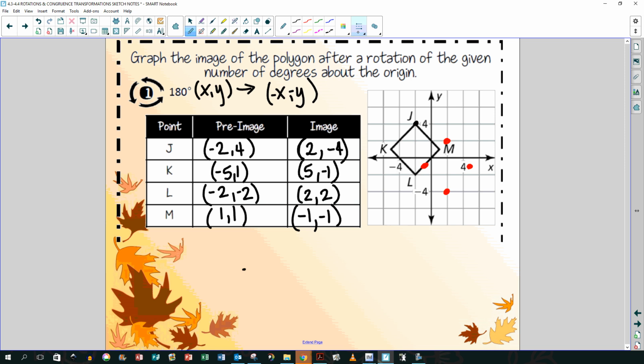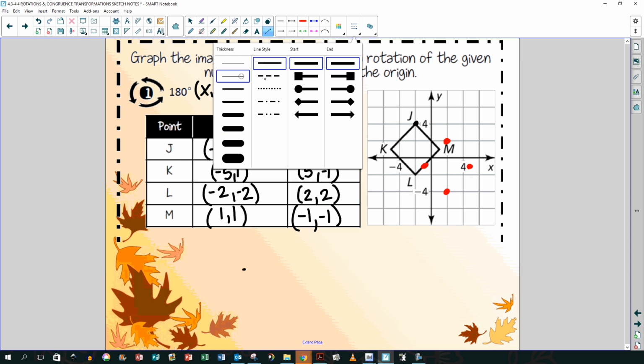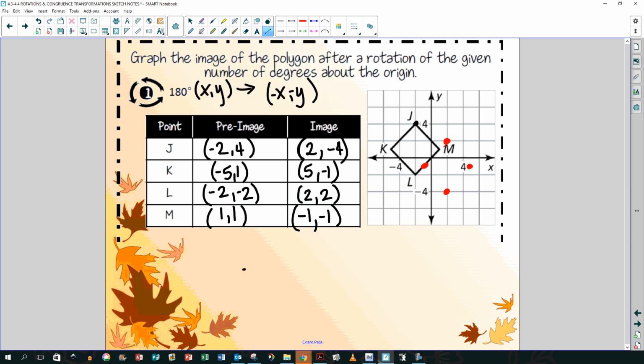And then when you connect it, so our 2, 2, so this was L, this was 5, -1, this is K, so KL, 2, -4, so this was J, so JKL, and this is your point M.